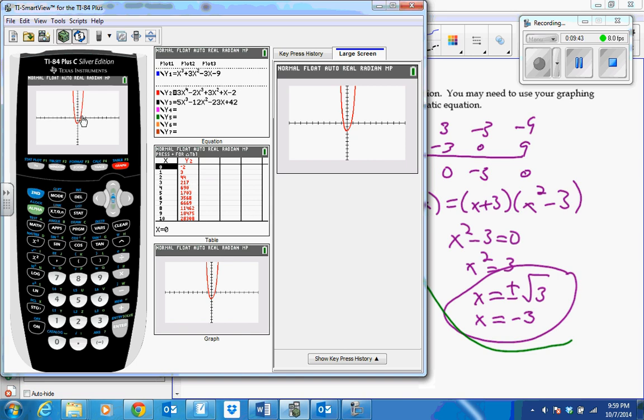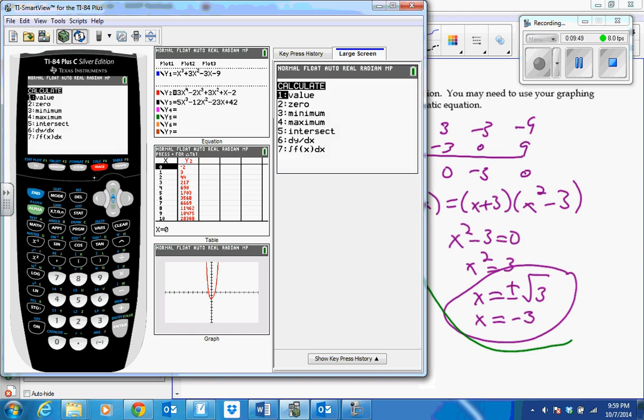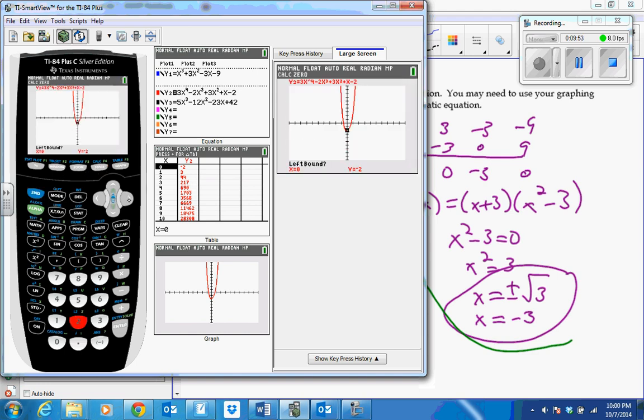But I'm going to go ahead and find this root right here. So I'm going to hit second calculate, and I want to calculate a 0. So it's going to ask for the left bound, and I'm at it. And then it's going to ask for the right bound, and I'm at that. And so what this gives me is that 0 is 0.6666667, which means that it's 2/3.